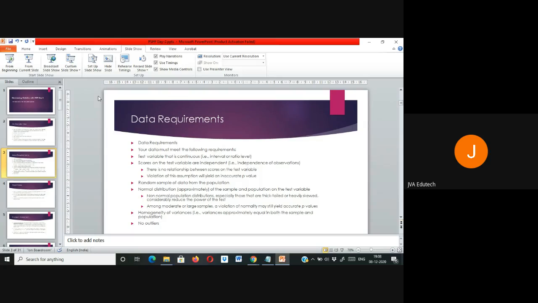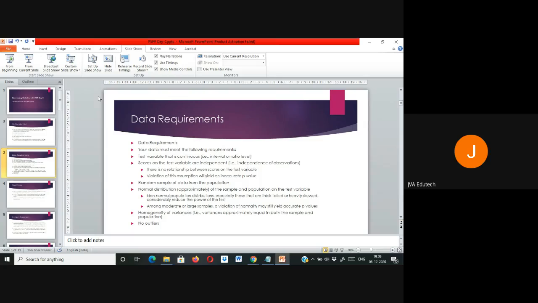Then the scores that you have measured on the test variable are independent of each other. It means one score should not affect another score. There should be independence of observations. Like the weight of 10 people. The weight of one person cannot affect or lead to the weight of another 9 people.